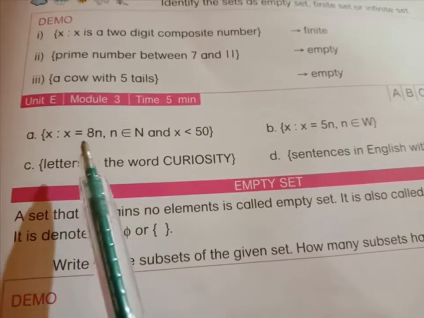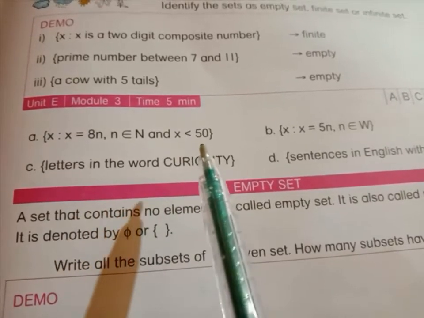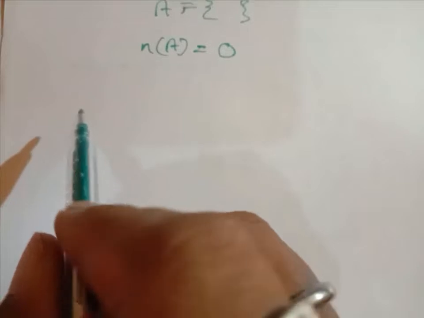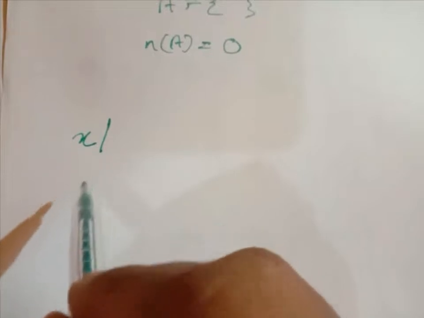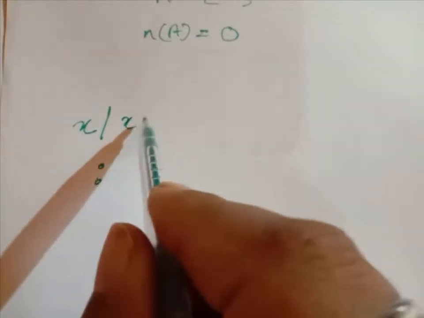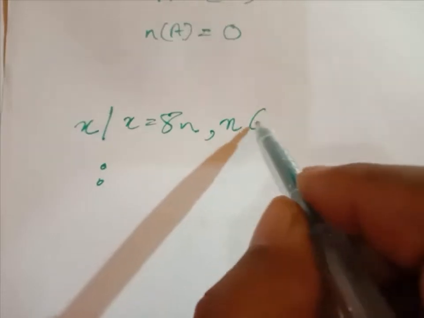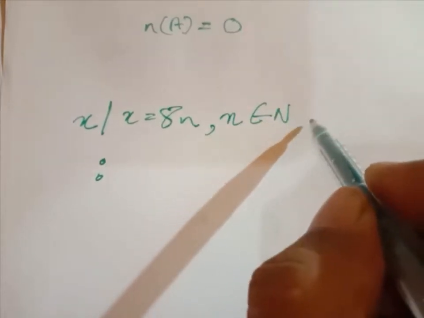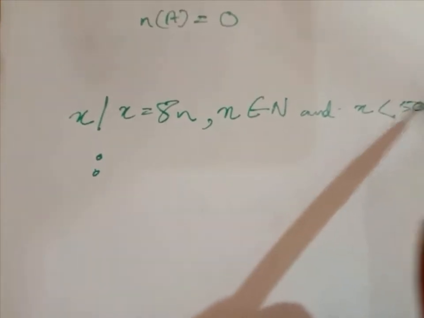Question number A, X such that X equals 8n, n belongs to natural numbers and X is smaller than 50. That means, look here, X such that, okay, the such that symbol can also be used like this, X such that X equals 8n and n belongs to the set of natural numbers and X is smaller than 50.